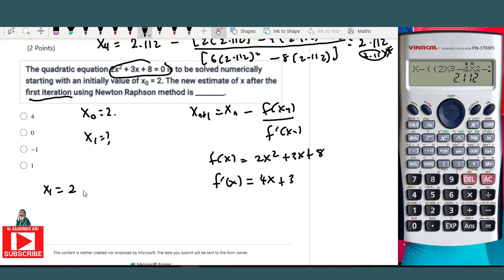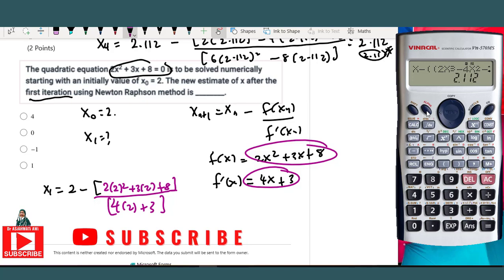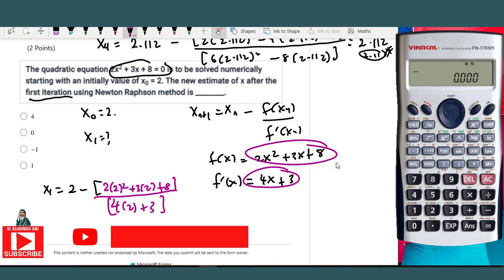2 minus 2 squared plus 3 times 2 plus 8 over 4 times 2 plus 3. Then hit the calculator. Clear all memory.